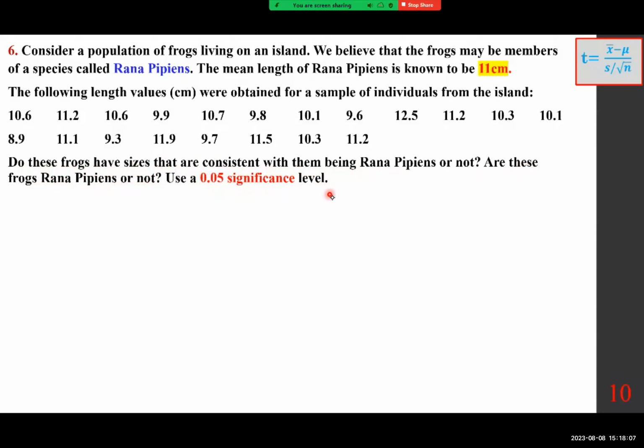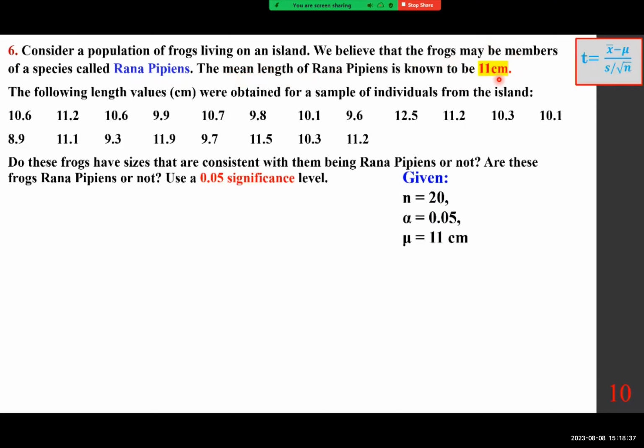So first of all, we want to write the given. When we count 1, 2, 3, 4, 5, all the way to the end, we know that we have n equals 20, alpha is 0.05, and for this species of frog, Rana pipiens, it is supposed to have a mean length. In this case, mu equals 11 centimeters.